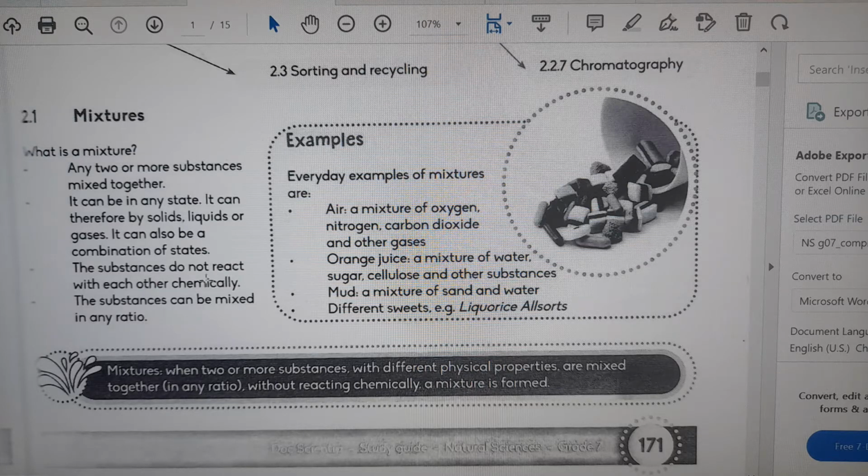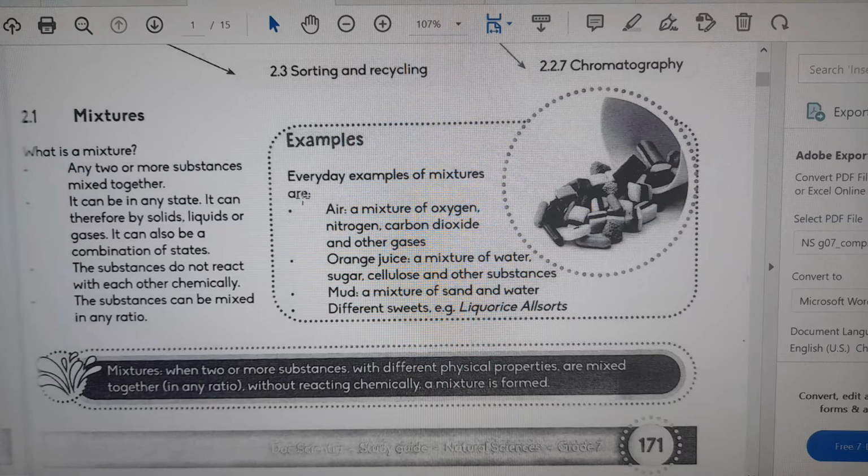We need to note that the substances that form mixtures don't react with each other chemically. The substances can be mixed in any ratio. I can have 4 pieces of banana and 1 piece of apple, or I can have 4 pieces of apple and 6 pieces of bananas. It can be in any ratio.